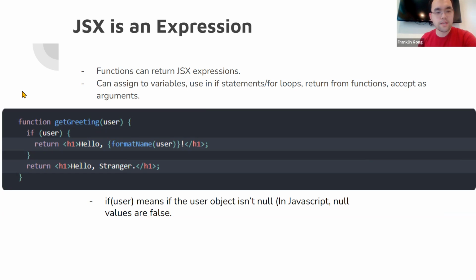It takes in a user object, and if user basically means if the user object isn't null or undefined, because in JavaScript, null or undefined values evaluate to false. So if the user is not null and not undefined, it returns JSX of hello format name user, as in the previous example. But if it is null or undefined, it returns the H1 element hello stranger.